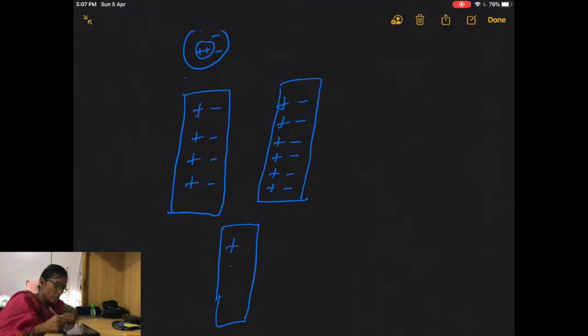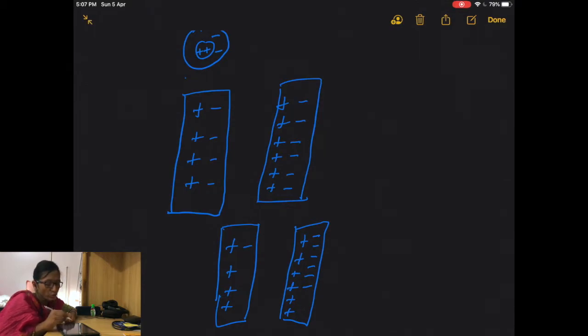Suppose 3 electrons get transferred. So here there are 1, 2, 3, 4, 5, 6 protons of positive charge, and 3 electrons get transferred to the other object.